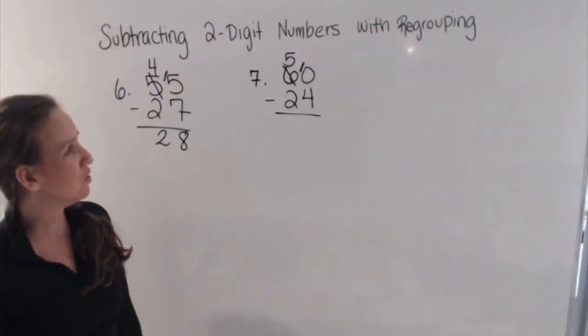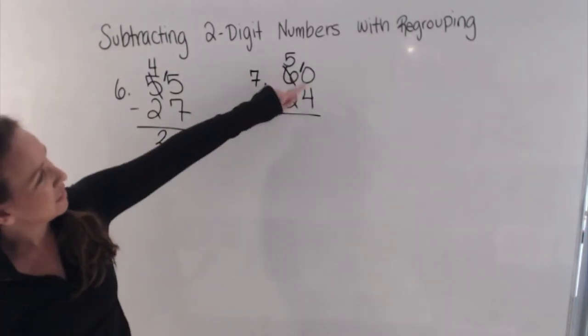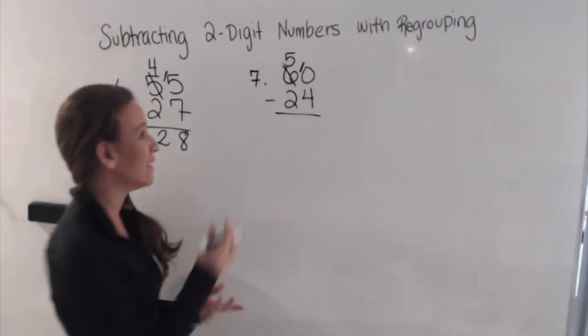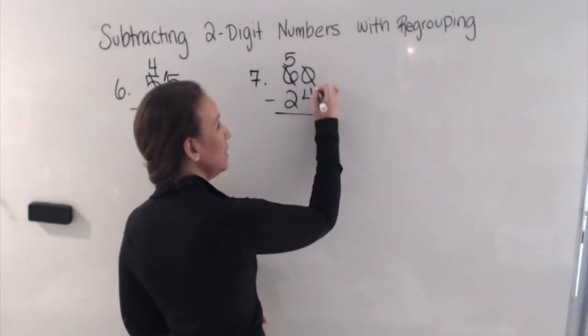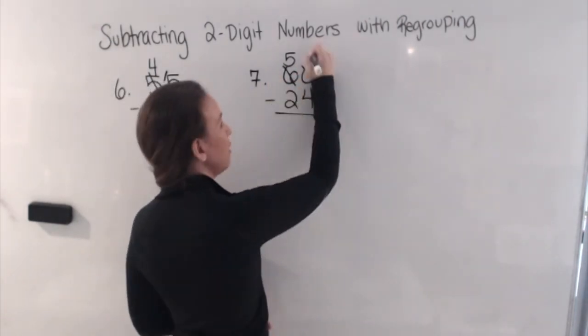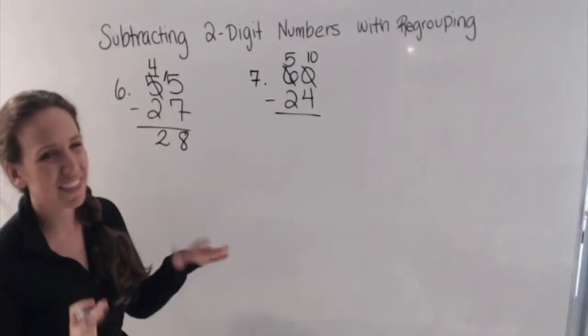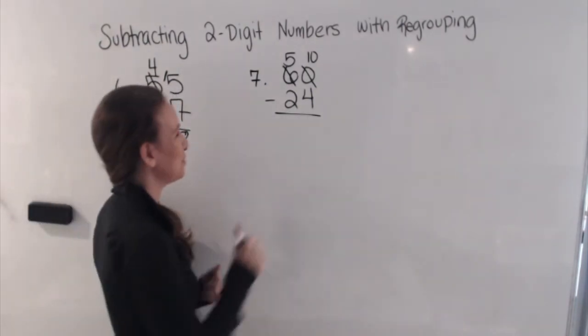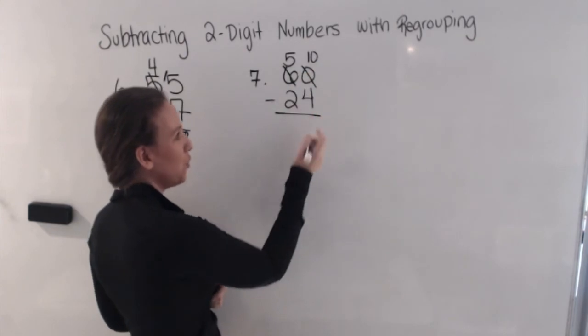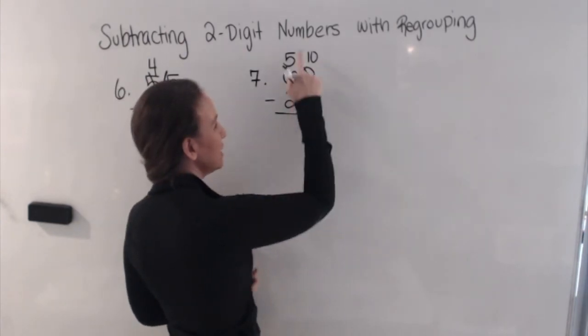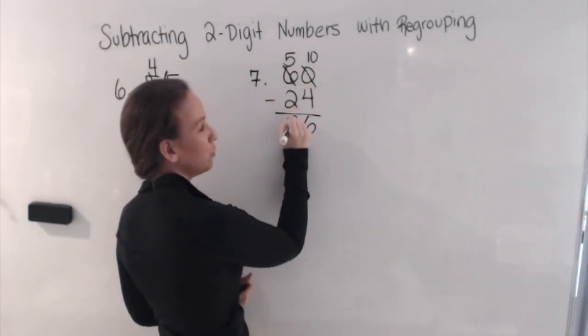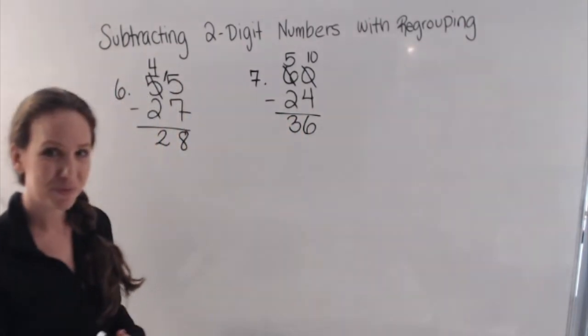That's a little strange, but that's a 10. So if you have trouble seeing that, remember, you can always do 10 ones plus nothing is 10 and rewrite it right on top. So now we have 10 minus 4, which is 6, and 5 minus 2, which is 3.